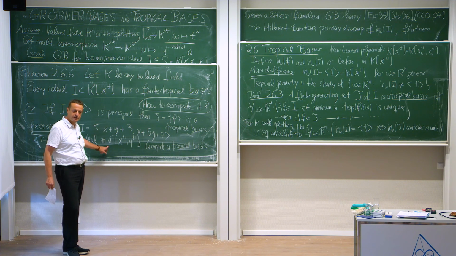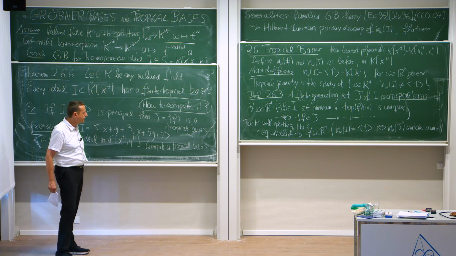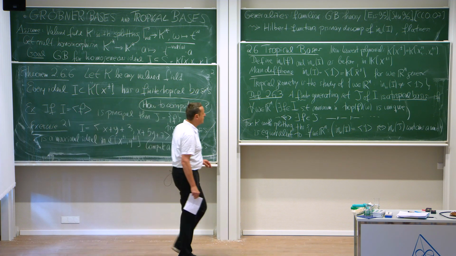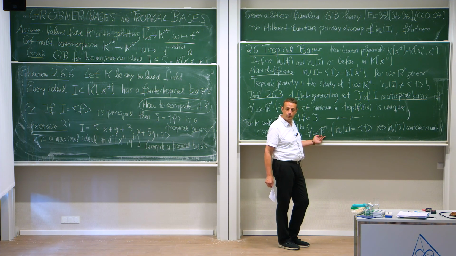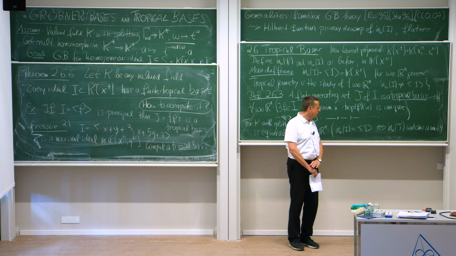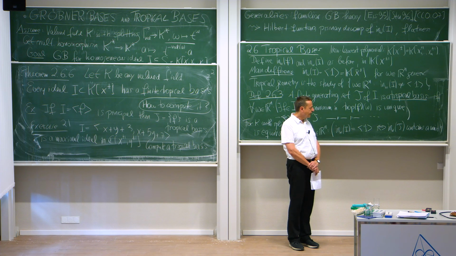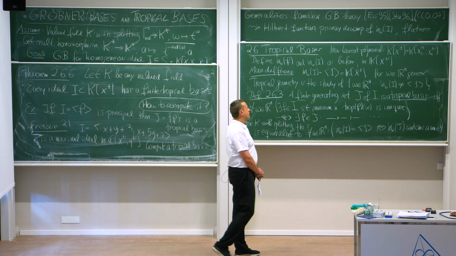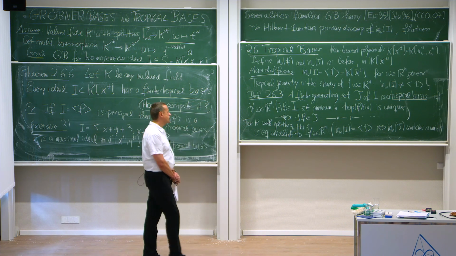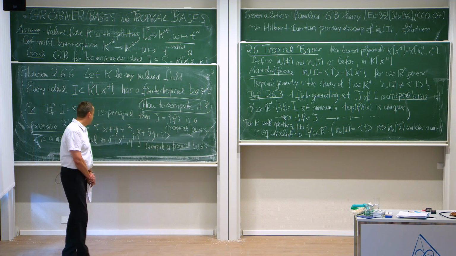The value group is just 0. So the condition is that for every w in R^2, for every way of giving weights for x and y, the initial ideal should be the whole ring. The initial ideal contains a monomial if and only if the initial form of the generating set contains a unit.